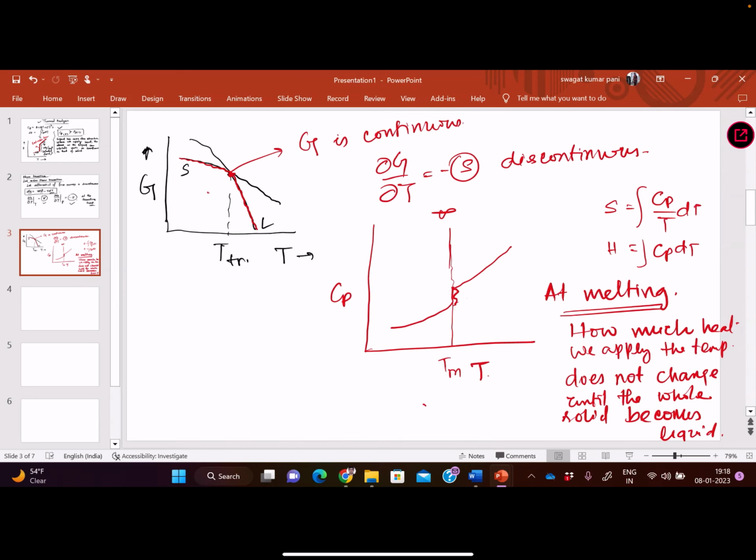This is why we call Cp infinite at the melting point: no matter how much heat we apply, the temperature won't change until all the solid is melted.